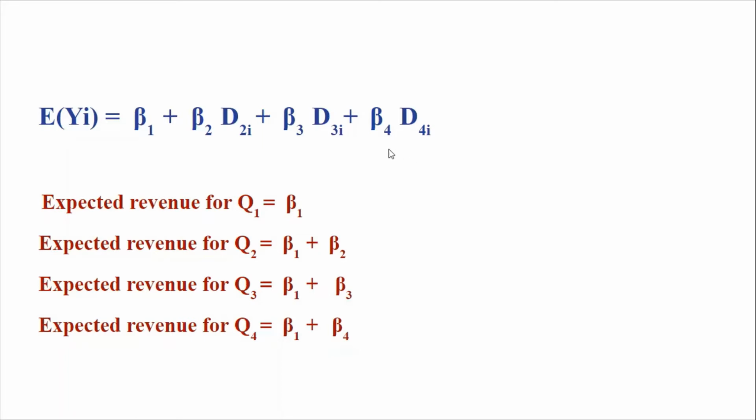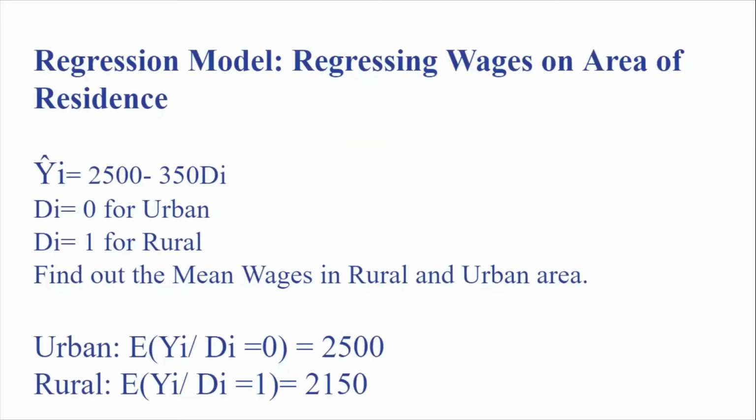Suppose we are dealing with the expected revenue incurred in 4 quarters in a particular financial year, right? So the expected revenue for quarter 1 would be, with D2, D3 and D4 all 0, beta 1, okay?